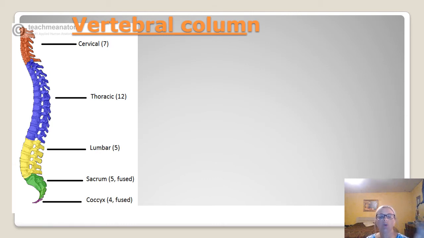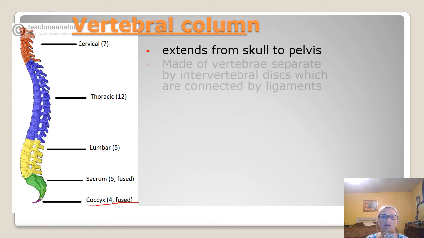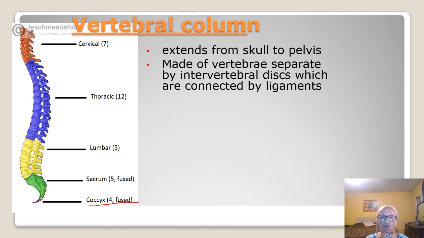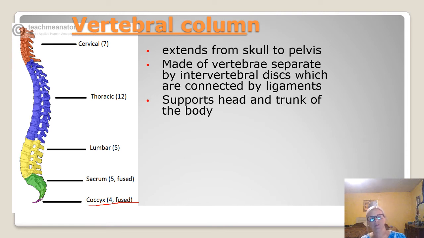So we have the vertebral column here. We've got 5 fused vertebrae, coccyx here at the distal end. We've got a nice little acronym: breakfast is at 7, lunch is at 12, and dinner is at 5. This is how you can remember that we have 7 cervical vertebrae, 12 thoracic vertebrae, and 5 lumbar vertebrae.